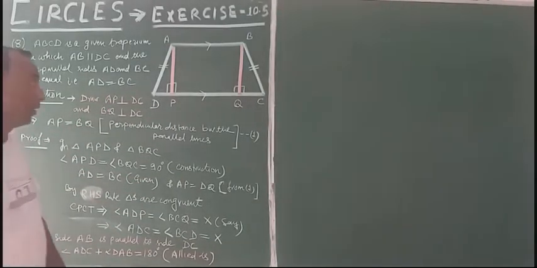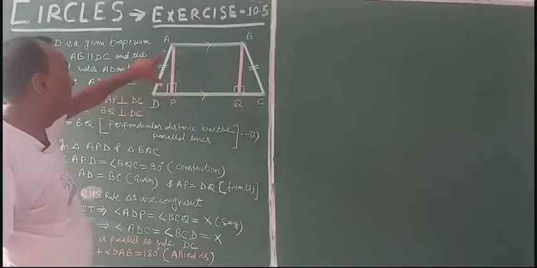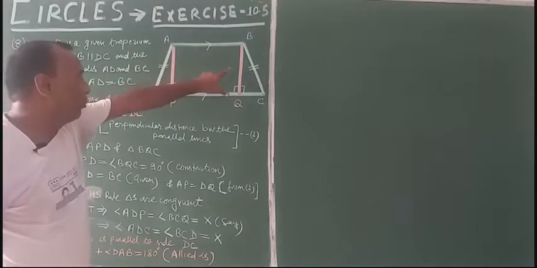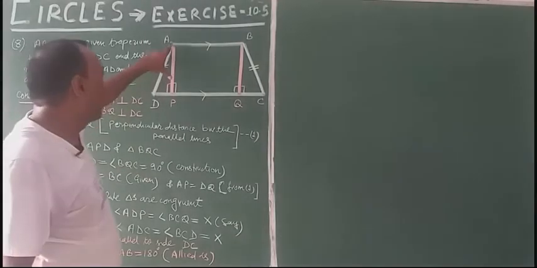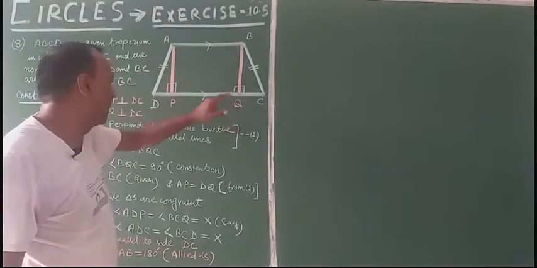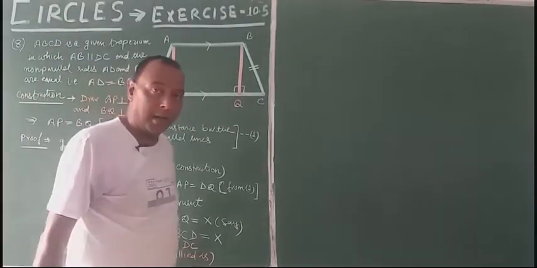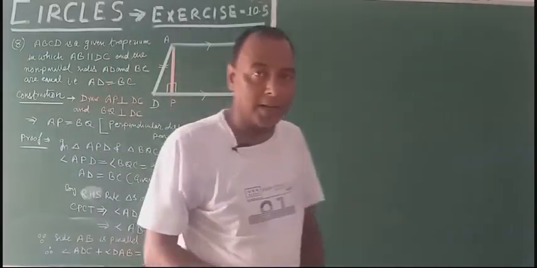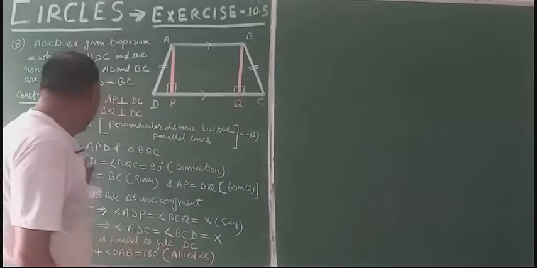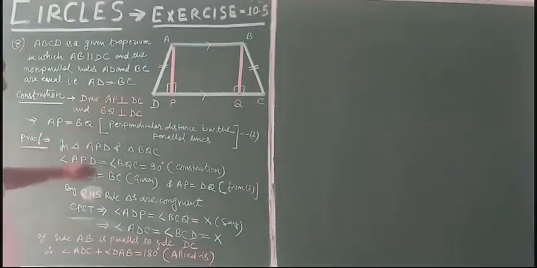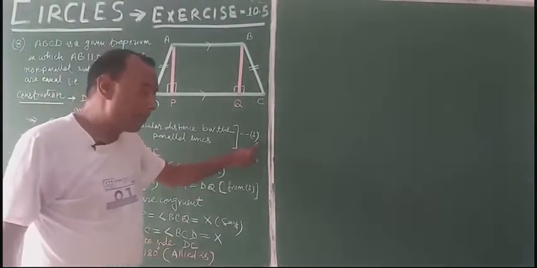Now just look here. AP will be equal to BQ because this is the perpendicular distance between the parallel lines, and the perpendicular distance between parallel lines is equal everywhere. So therefore, AP is equal to BQ. This is equation number 1.